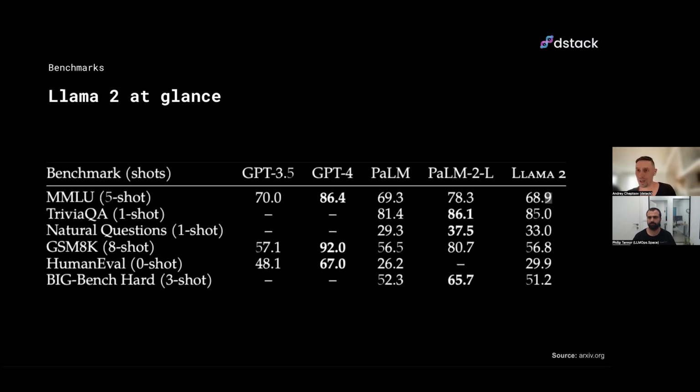GPT 3.5 is 175 billion, almost 3 times larger, and GPT-4 is 10 times larger than GPT 3.5. So you can imagine how hard it is to compare them, but the table and benchmarks actually show that Llama 2 is really good, and it comes close to the performance of these extremely large models.